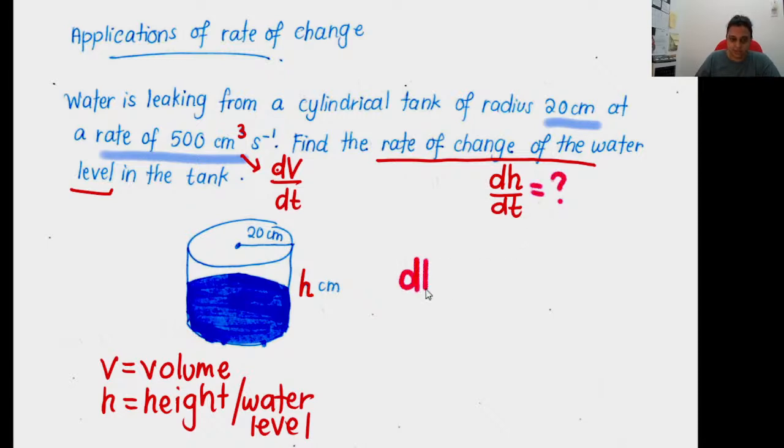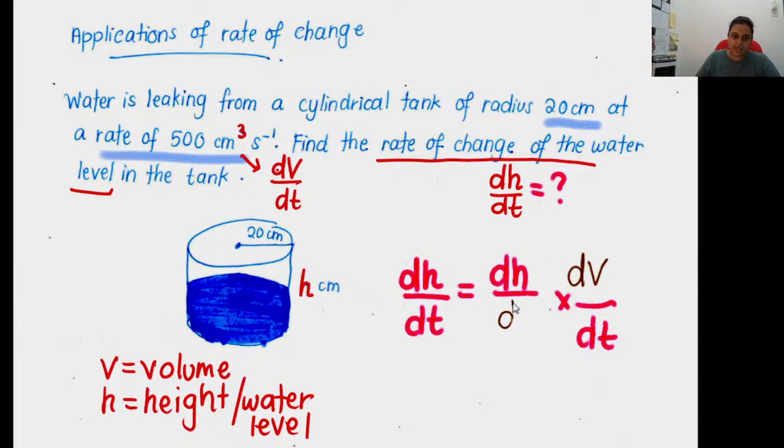So let's form the formula first. dH dt is dH dV times dV dt. dV dt we have, which is 500. dH dV we don't have, we need to find.